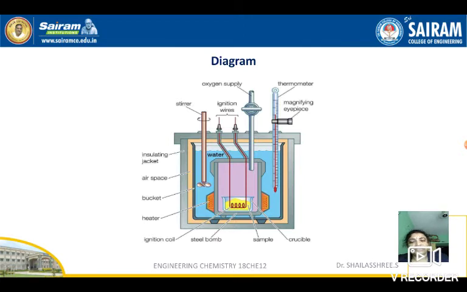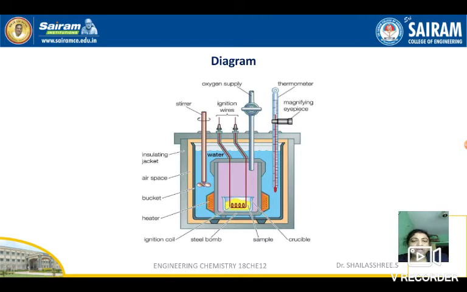In the calorimeter, we take a known quantity of water, and the calorimeter also contains a stirrer. The stirrer is to mix the temperature equally, and there is also a thermometer to measure the temperature of the water.